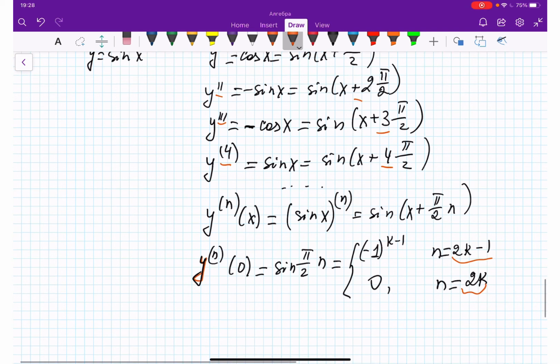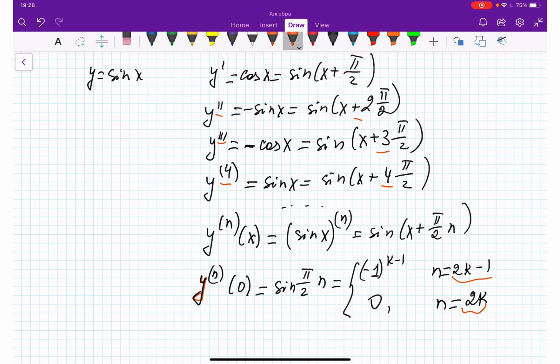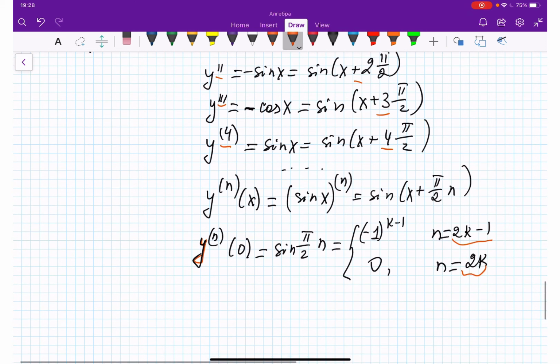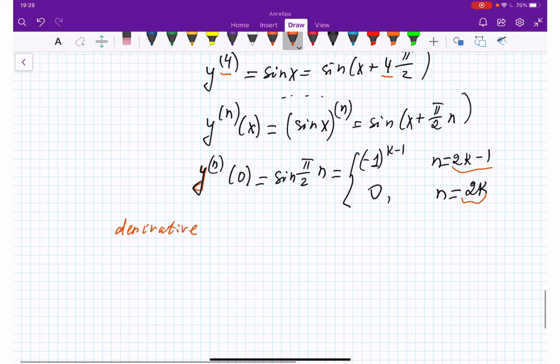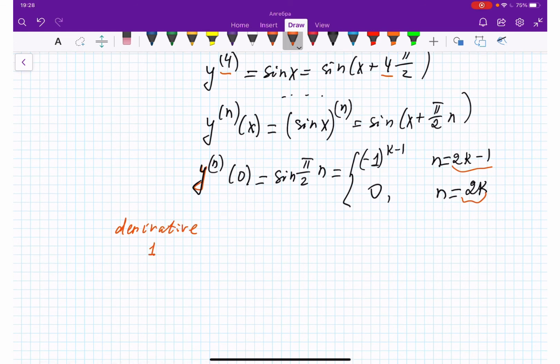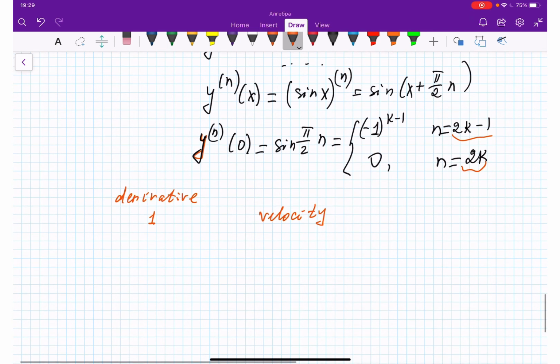Now, the special interest, like I said, is the derivatives of first degree. Let me write down. First degree, we call velocity. Second degree derivative we call acceleration.